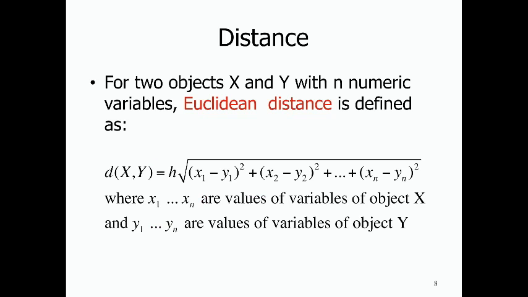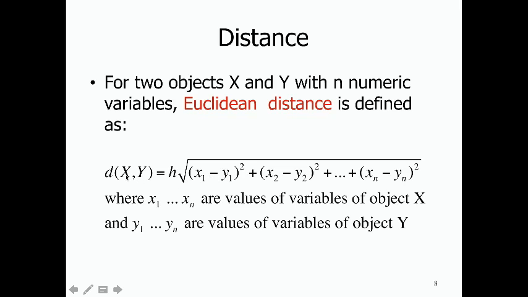The other is Euclidean distance, which essentially is the square root of the sum of the squares of the pairwise differences between the attribute values of object x and object y for the same attribute.